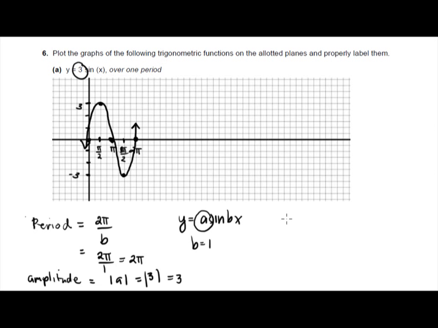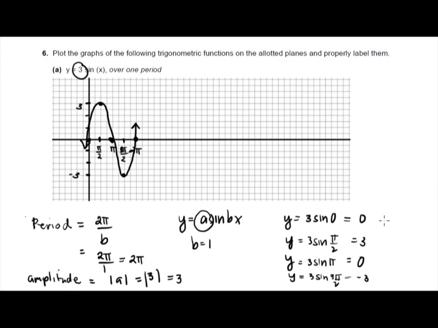Again, you have the choice. So you put each angle. So 3 sine 0, it will give you 0. Y equals 3 sine of pi over 2, it will give you 3. Y equals 3 sine of pi, it will give you 0. Y equals 3 sine of 3 pi over 2, it will give you negative 3.